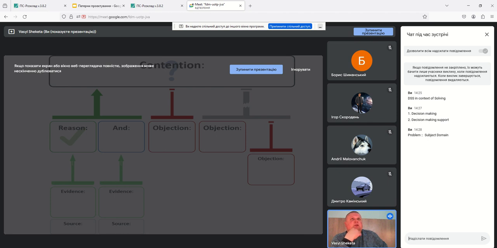So on our first slide we have the general conception of decision making. Here we have all the keywords used in the way of decision making: reasons, objections, evidence, sources.